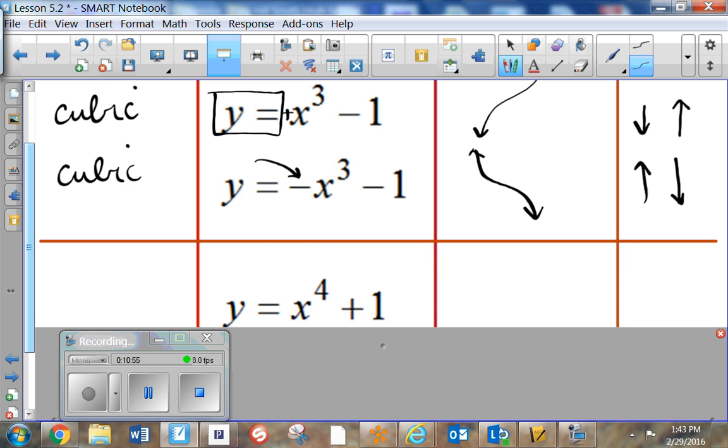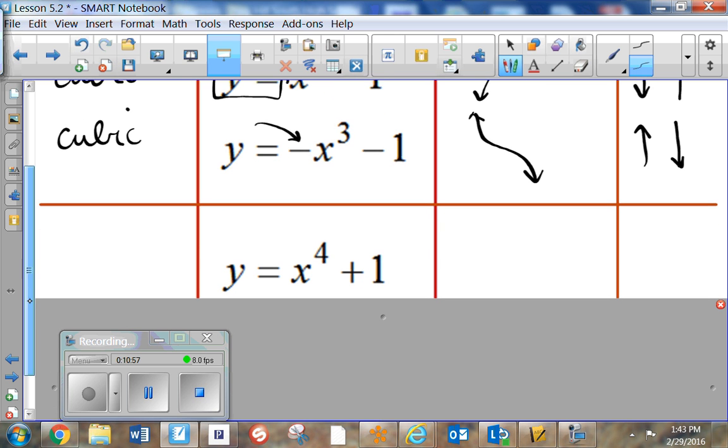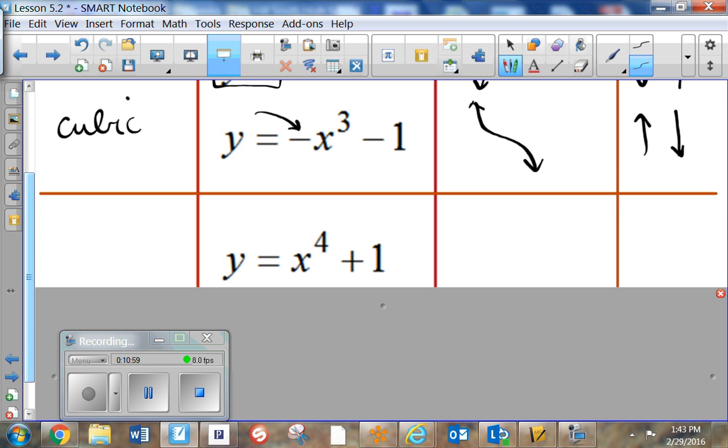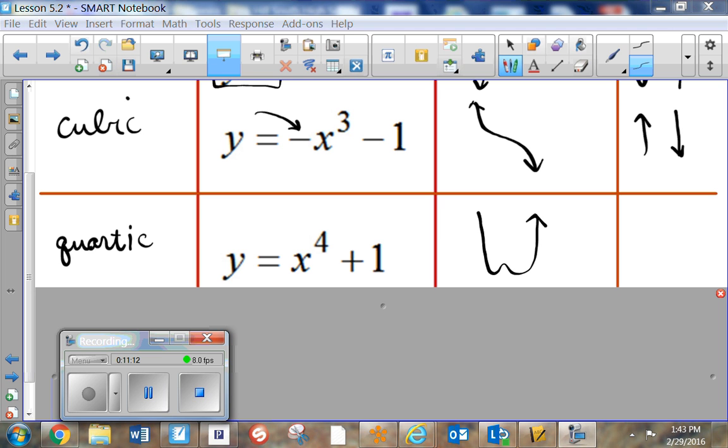Let's try the quartic. Let's test that little guy. So grab x to the fourth plus 1. So it looks a lot like a parabola. If you were to zoom in, which don't zoom in, I'm just telling you, depending on how much stuff you have after the x to the fourth, this can get pretty kinky down here. But looking at it from a long distance away, you would think it's a parabola. You wouldn't see that detail of kink at the bottom.